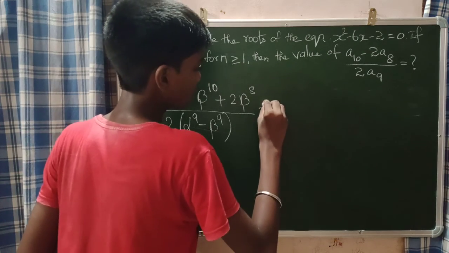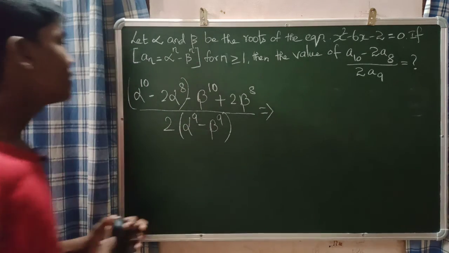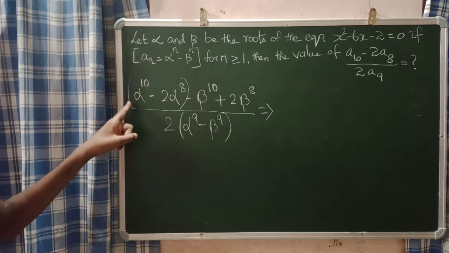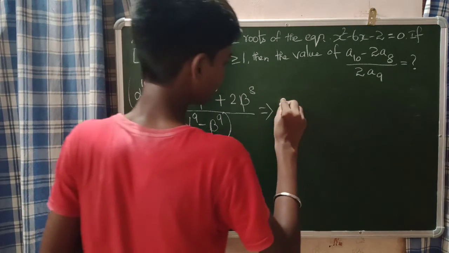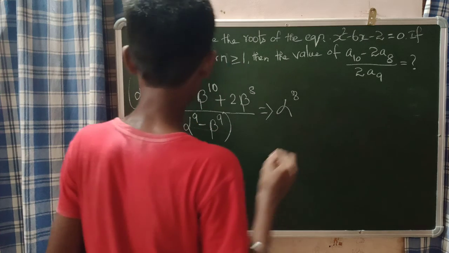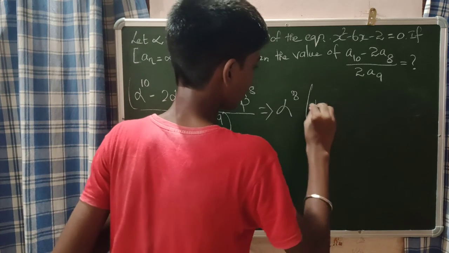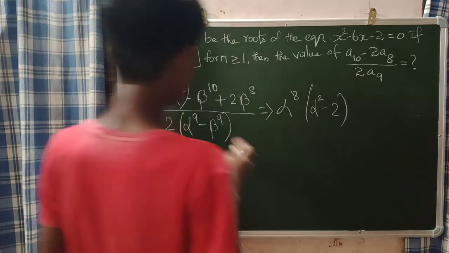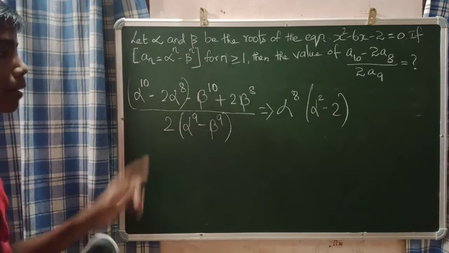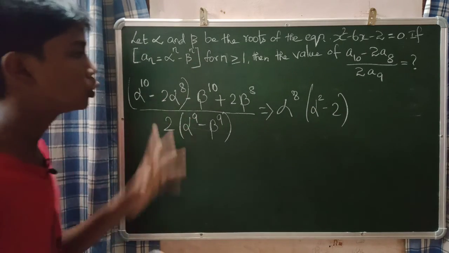So when I factorize your numerator, what can I take here? Alpha to the power of 10 minus 2 alpha to the power of 8. I think you can take alpha to the power of 8 common. Then you will be getting alpha square minus 2. Then in these two terms, what can I take common? Minus beta to the power of 10 plus 2 beta to the power of 8. This is minus, guys. So minus beta to the power of 10 plus 2 beta to the power of 8.